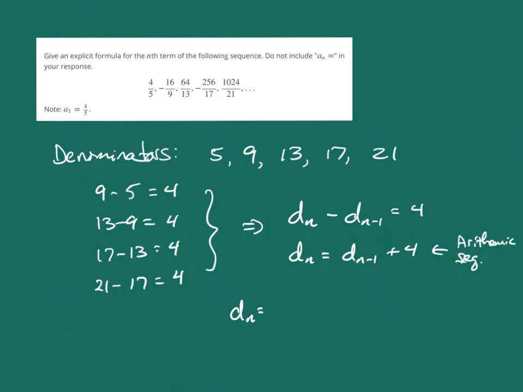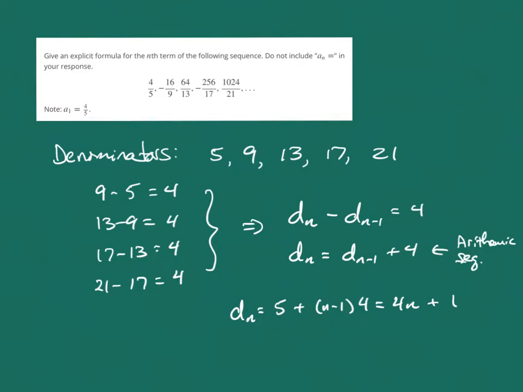So the closed form is going to be my first element, which is 5, plus n minus 1 times my common difference of 4. If I multiply this out, what I end up with is 4n plus 1. And so I've found a pattern in the denominators as well.